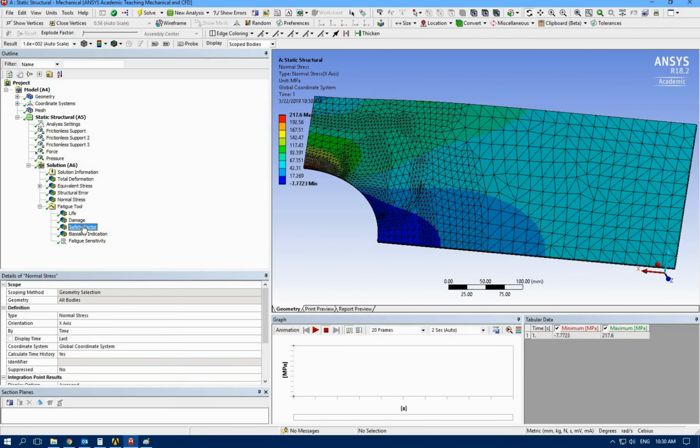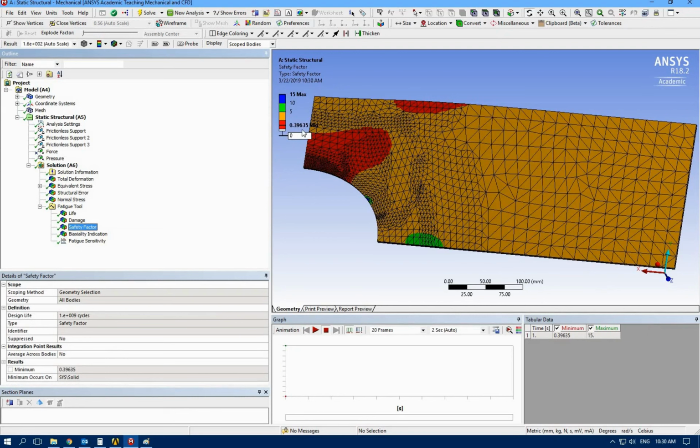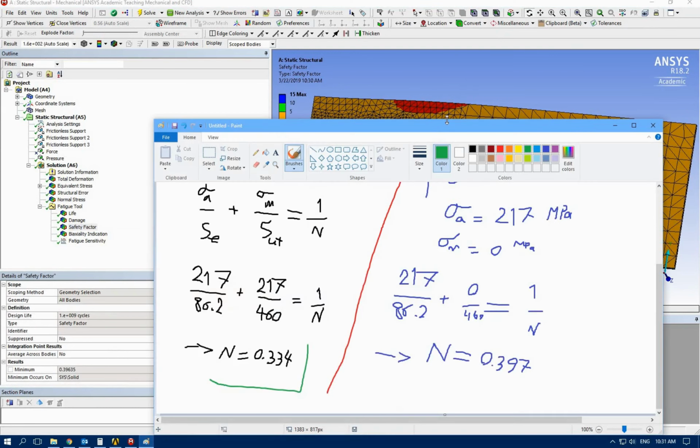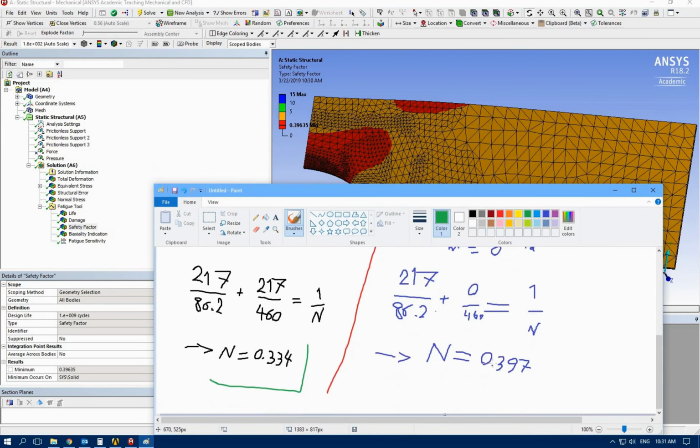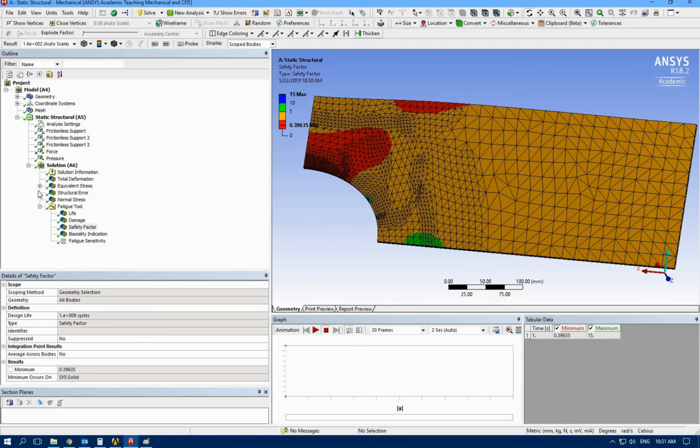Okay, let's check safety factor. 0.396, 0.397, very close. So our hand calculation proves we did a good job, and the approximation is pretty good.